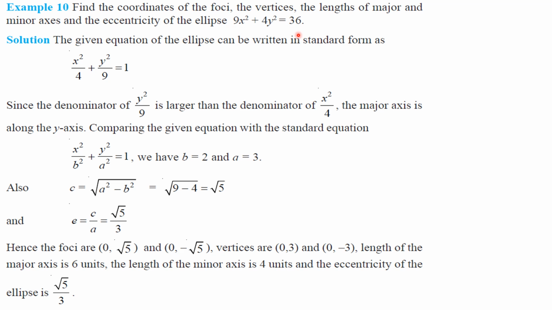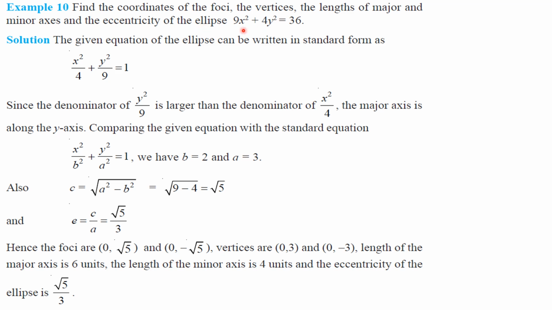Yes. In the previous example, the equation of the ellipse was given directly in the standard form, whereas in this example the equation of the ellipse was not given in the standard form directly. This is the difference, and the remaining part is the same as the first example.